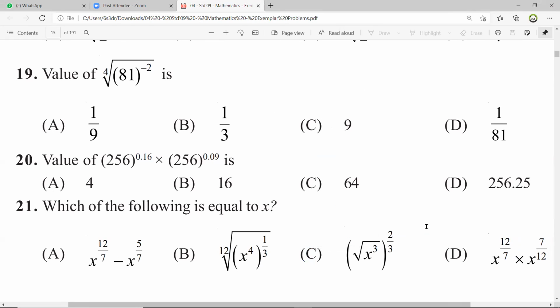Is it going to be the right option? Is it going to be equal to x? Let's take a look. Okay. So we have x cube and the square root of this, and then we have the whole thing to the power 2 by 3.